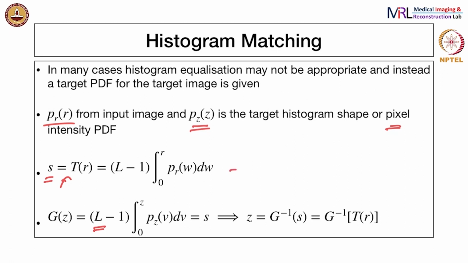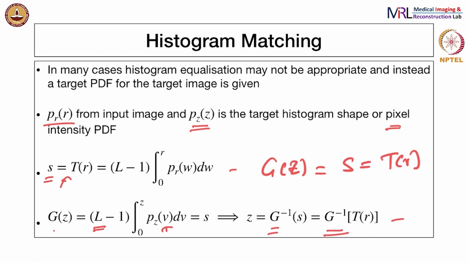This should give you the same values, provided that G of Z, where V is just a dummy variable, equals S, which is equal to T of R. So the Z that we get must satisfy the following condition: Z is G inverse of S, which is G inverse of T of R.